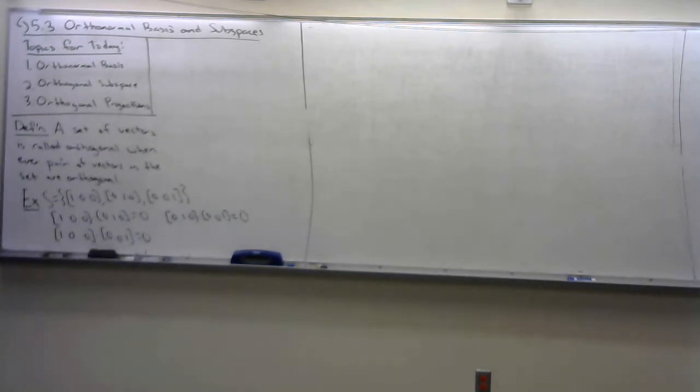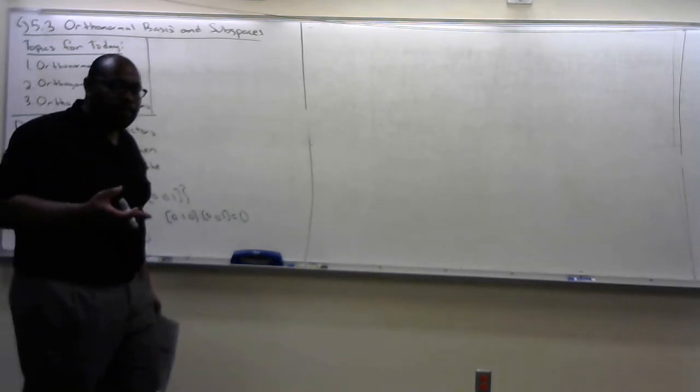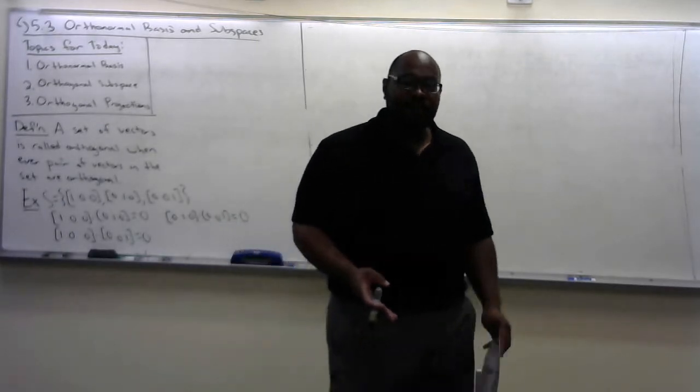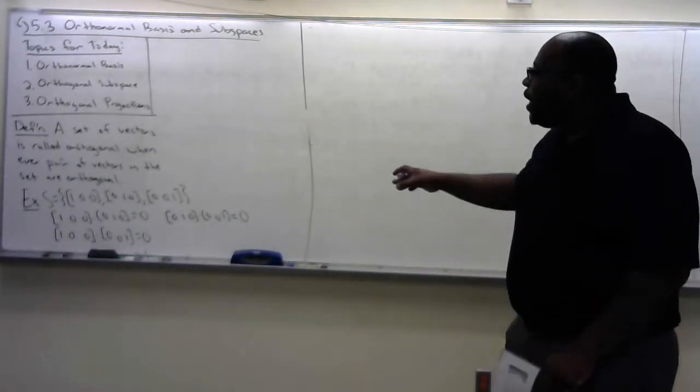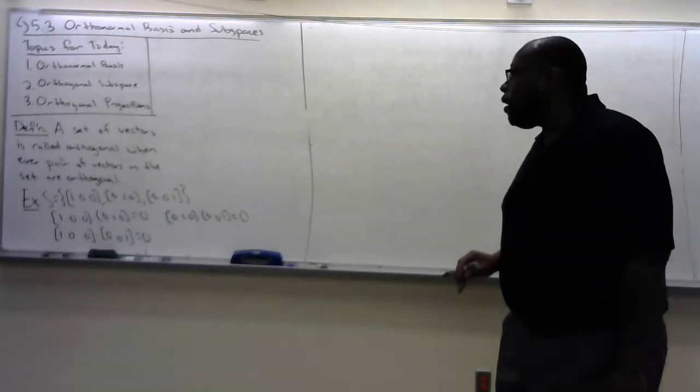So we can say that each pair of these vectors is orthogonal. When I pair these vectors together in S, all those pairs have a dot product of 0, which means that they're orthogonal to each other. So that means that this set S is orthogonal.